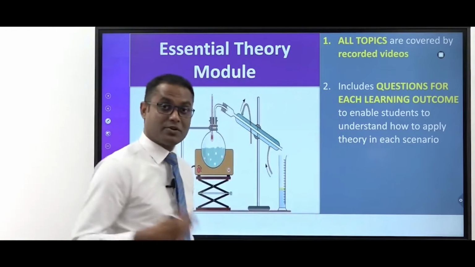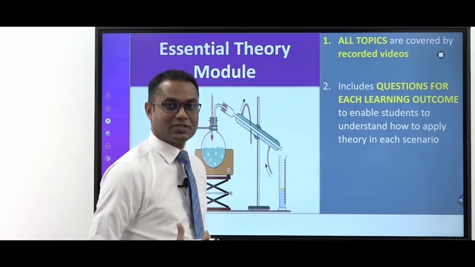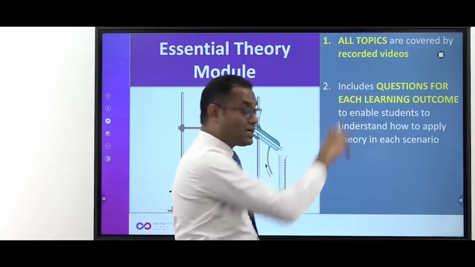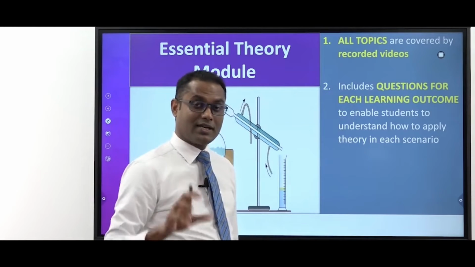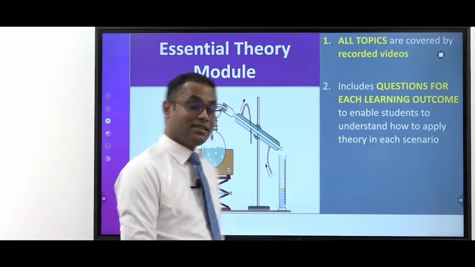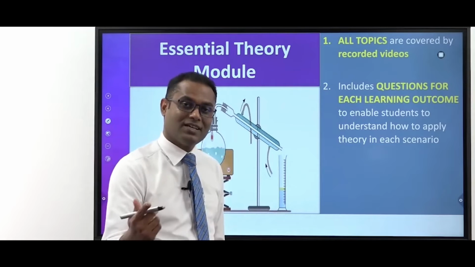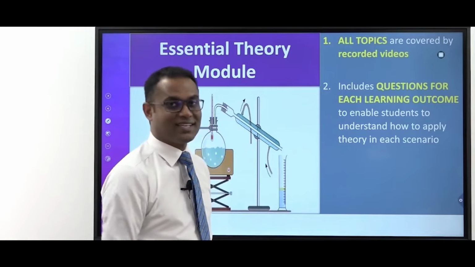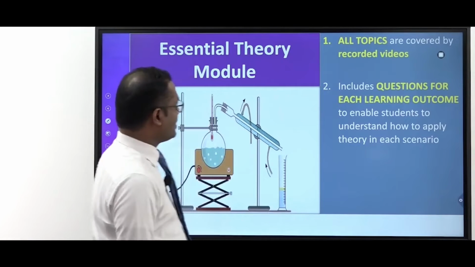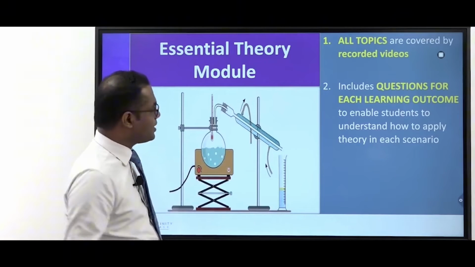Because I explained to you earlier, in the exam you have mini scenarios as well as complex scenarios. So we discuss questions where the student can understand, while learning the relevant theory session, how to apply the theory to answer the complex or the mini scenarios. Okay, right. So this is about the first module, the Essential Theory module.